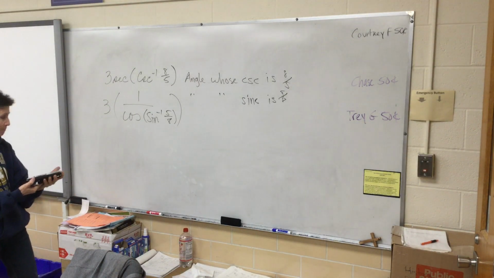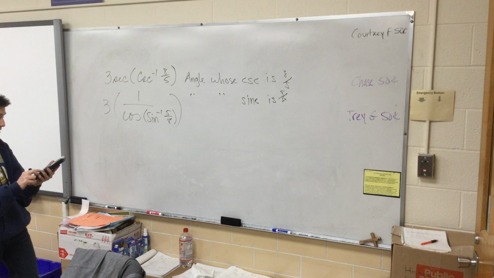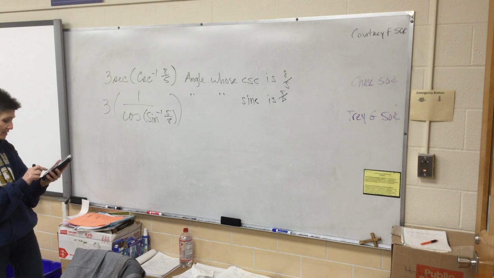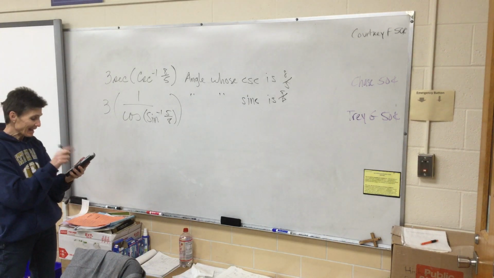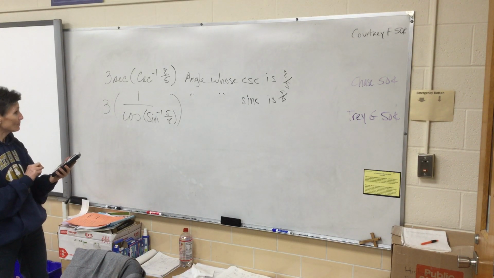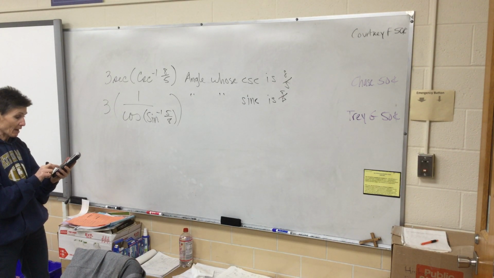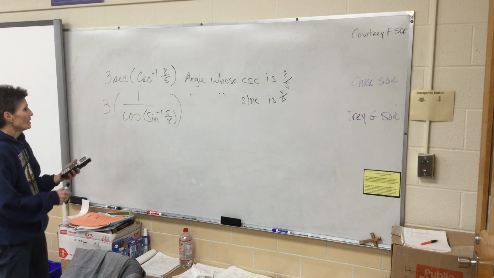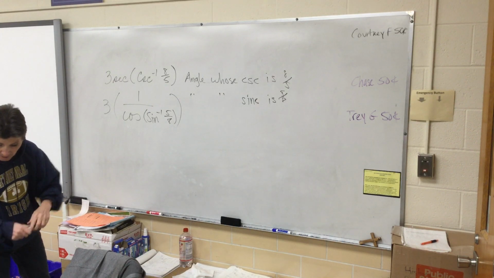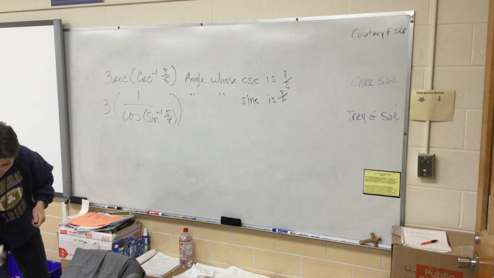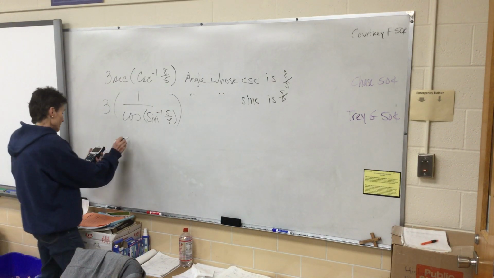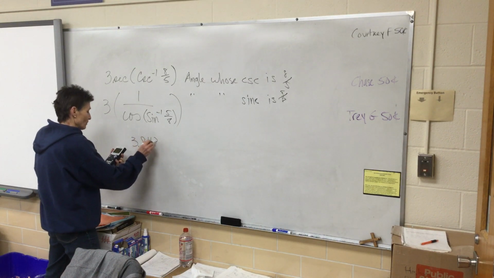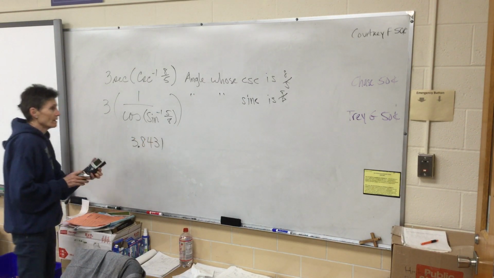Actually typing 3 times 1 divided by cosine, second sine, 5 divided by 8. Now, I don't have to put in any parentheses until the end. Well, I guess I got to press equals. And my answer comes out to be 3.8431. Right there you go.